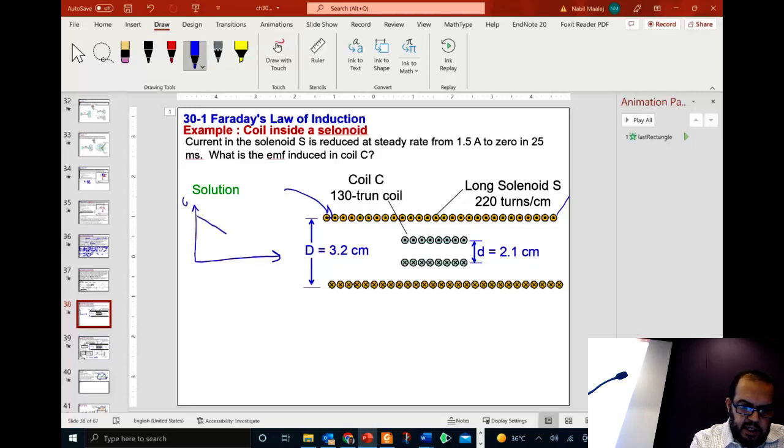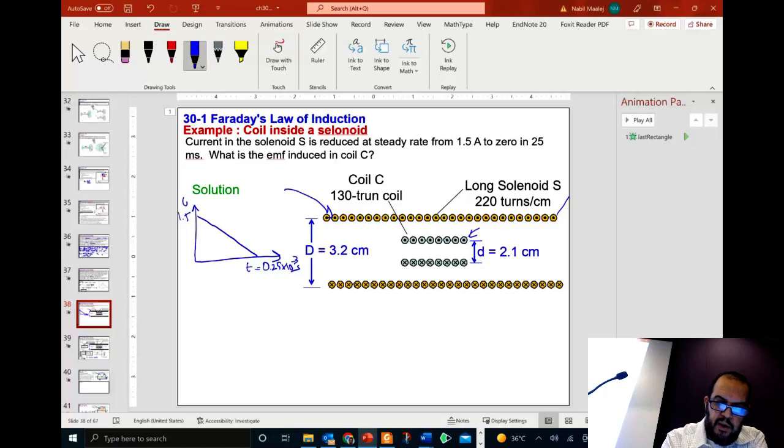It decreases linearly from 1.5 amps to 0 in a time t of 25 times 10 to the minus 3 seconds. Okay, the question: what is the EMF induced in coil C? Coil C is this coil, the coil inside. For coil C we have 130 turns. For the solenoid S we have 220 turns per centimeter.